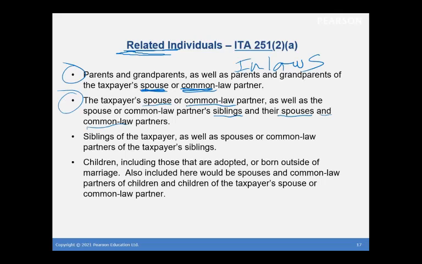So you are related to your spouse, as well as your spouse's, say, brother or sister and their spouse. So we're branching out here. This is still under that in-laws type category. This would include something like a brother-in-law, as an example.